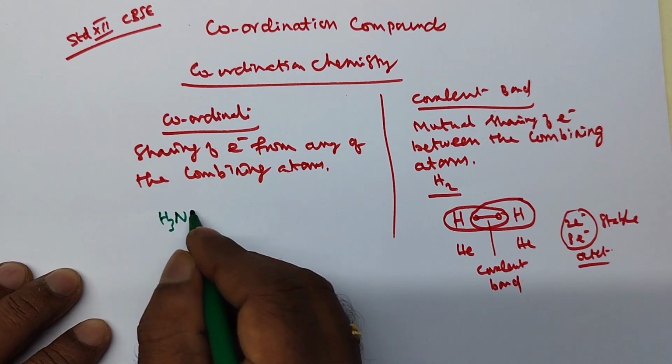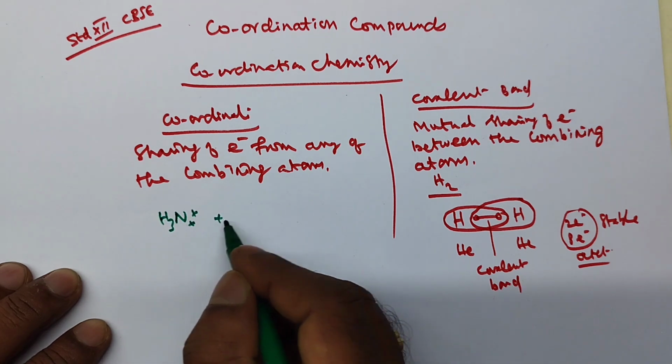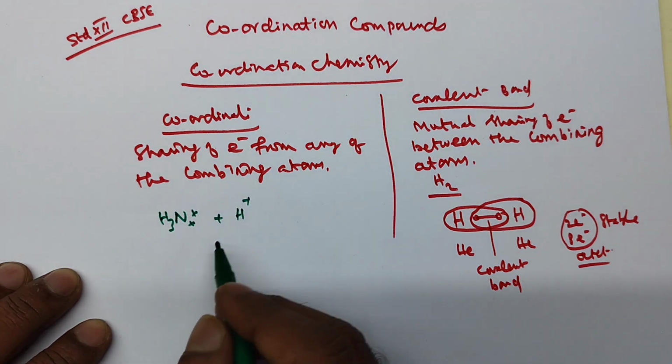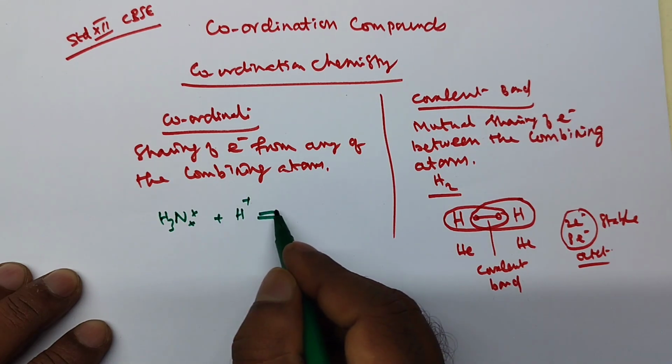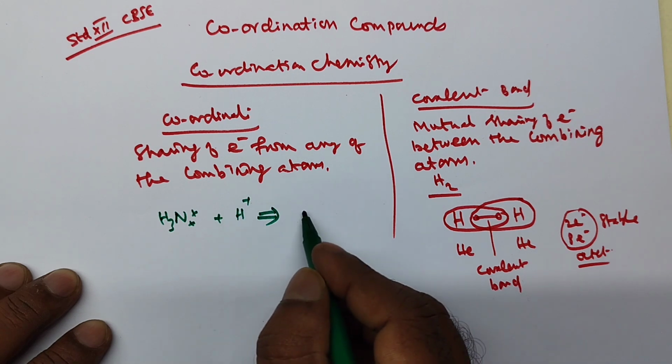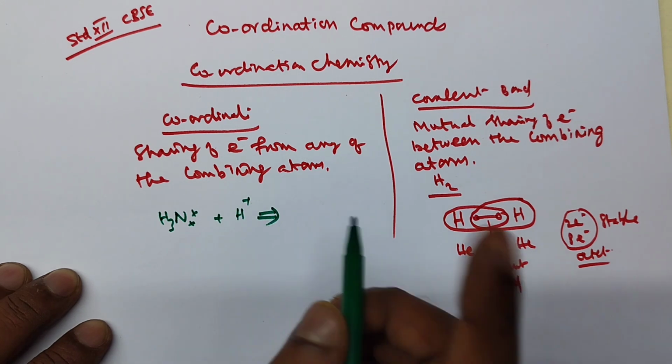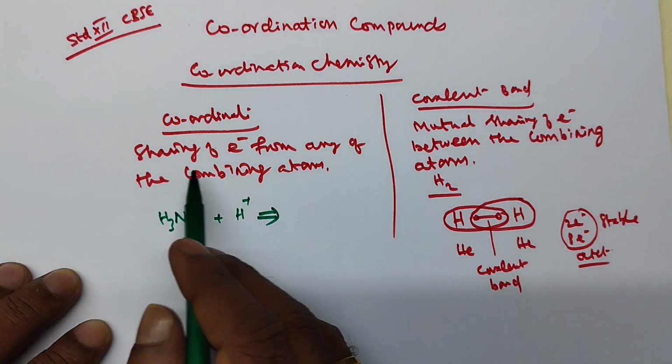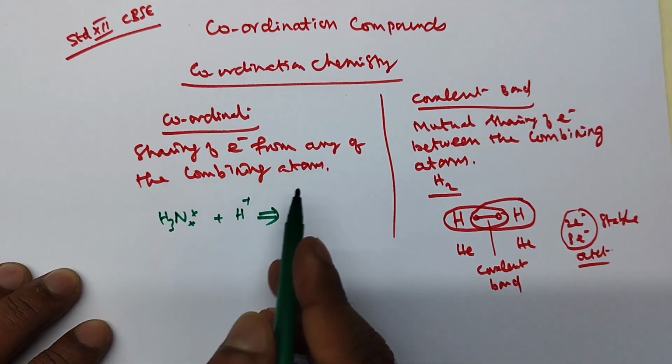Ammonia, NH3, has a lone pair of electrons, and the H plus has no electron. These two want to form a bond between nitrogen and H plus. For bonding we need 2 electrons, and here the sharing comes from any one of the combining atoms.